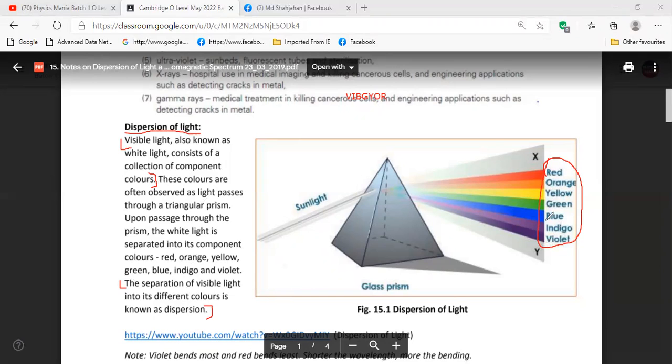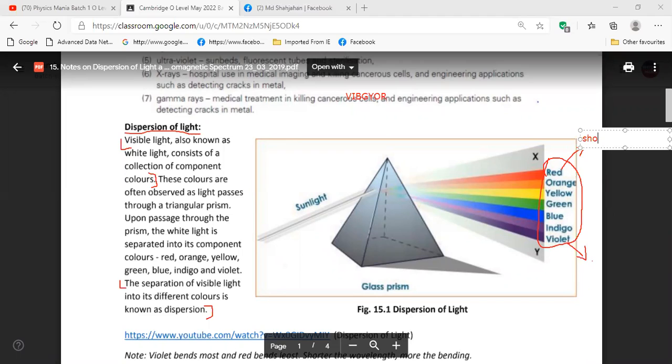It starts from violet. So here we get all these colors bending depending on their wavelengths. Violet, its wavelength is shortest, and red its wavelength is longest. So you write it here.